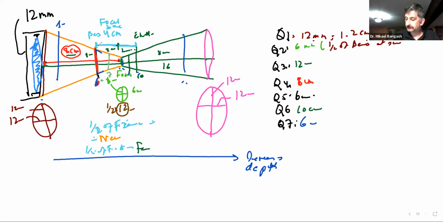Question 8. At which of the following depths is the beam widening? Here they just ask about the complete opposite. They have 2 centimeters, which could have been here, 4 centimeters, which could have been here.